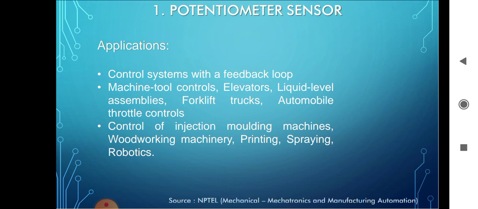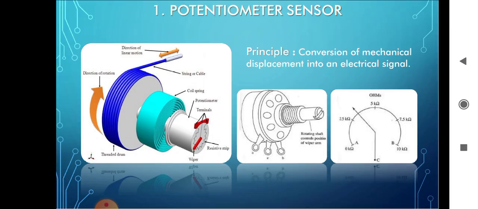The sliding arm of the potentiometer, that rod or shaft, is coupled to the diaphragm, and with the application of pressure the diaphragm moves, which forces the sliding wiper arm to change its angular position.